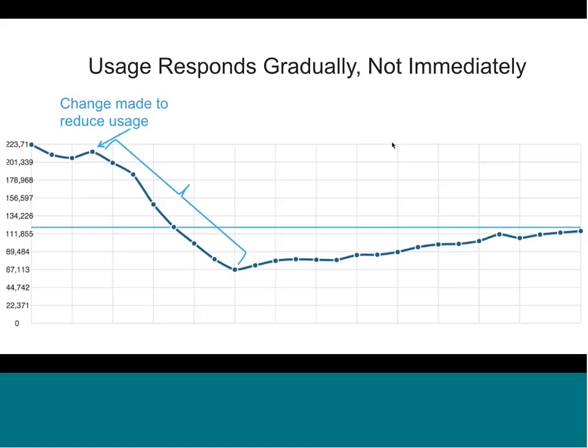So the change was made at this point, and then we see the gradual decline over the 6 or 7 days. So all just to point out that when you make these changes to respond to usage or respond to performance, you're not going to see the full impact of the change right away. You want to be patient, give it a week or two to really let the program respond and see what happens.